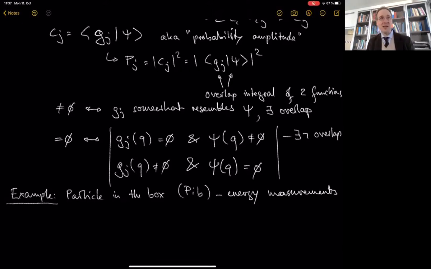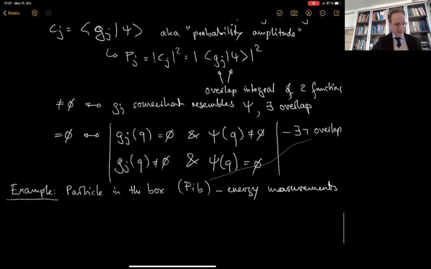You did this already, so I presume this will be known to you, and you can look it up again, of course. But that's not what we want to do now. We want to take the solutions of the particle in the box and submit them to the probabilistic treatment as we just discussed it.